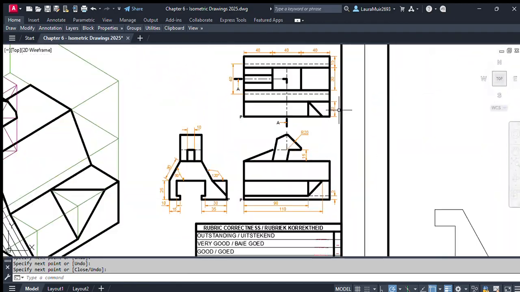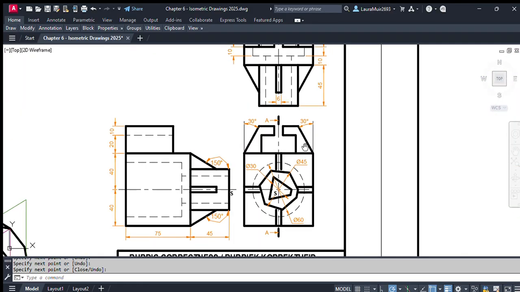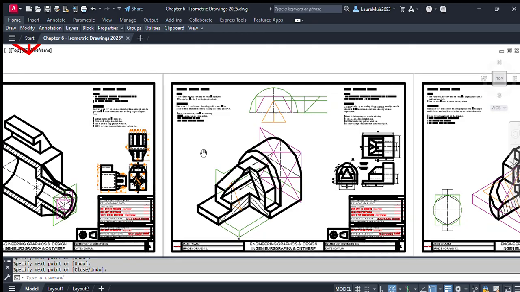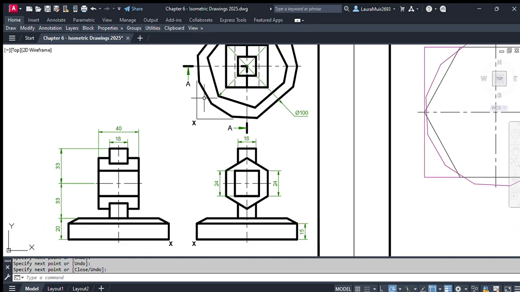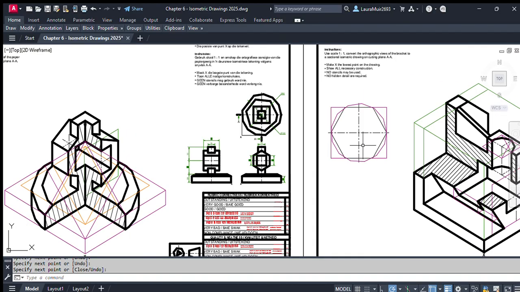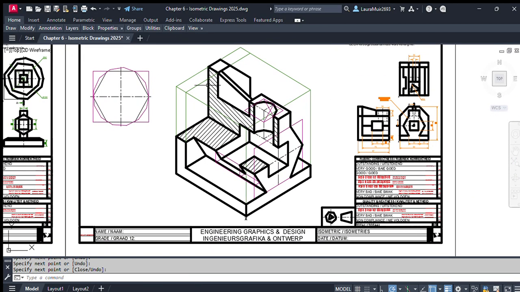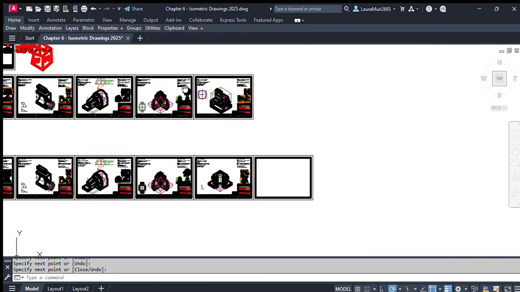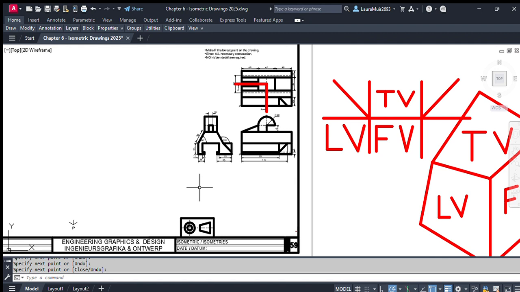Like this one here, the one we're doing. This one here, you see, section on the front view, section on the top view. Okay, so we're happy with how we're going to place.